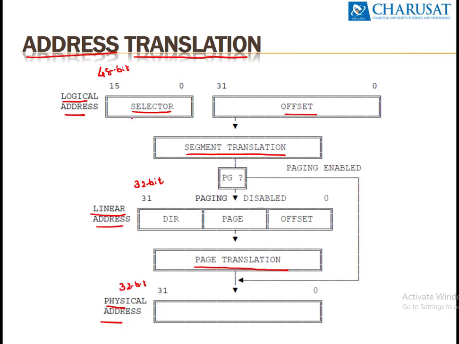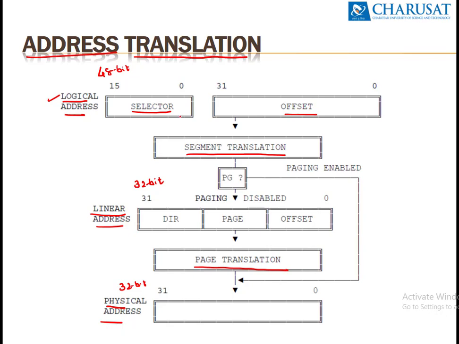In summary, the logical address is 48 bits, the linear address is 32 bits, and the physical address is 32 bits. The logical address is larger than the physical address because it supports virtualization; its span of memory is higher than the physical address. That's why it has to support a higher number of bits.